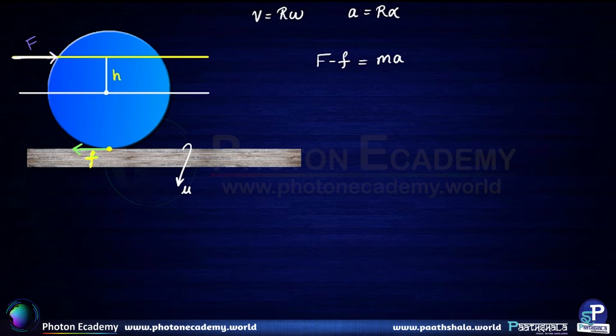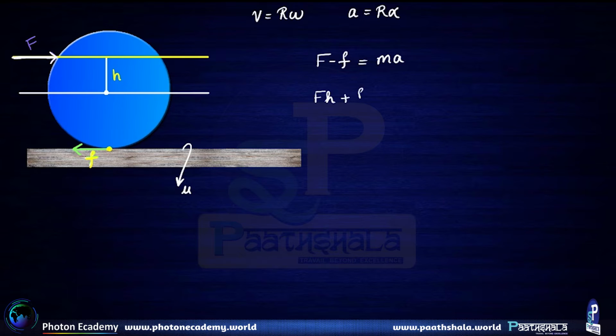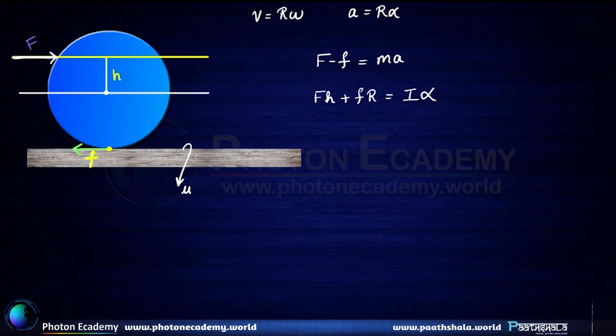So the net clockwise torque about the center, if I were to write, then I have to write down F into h plus small f into r. Now this net torque is going to be equal to I, the moment of inertia about the center, into alpha. So these are the three equations essentially that we have.